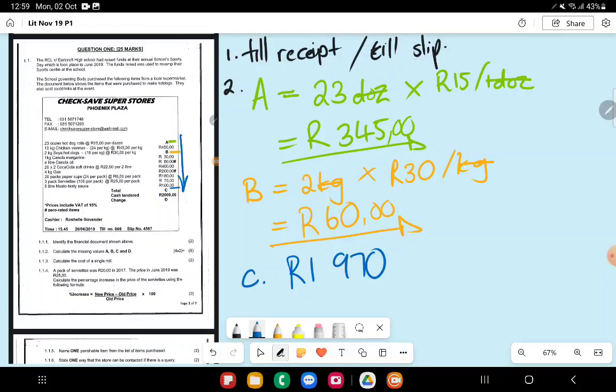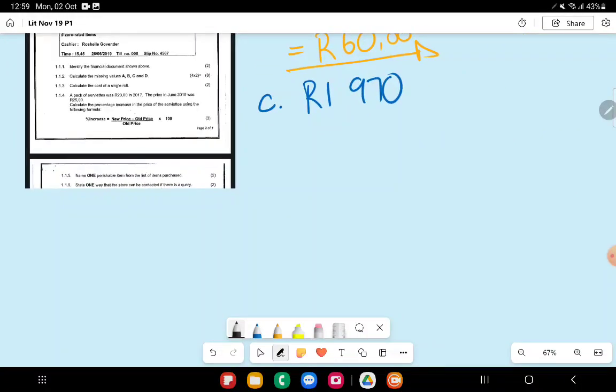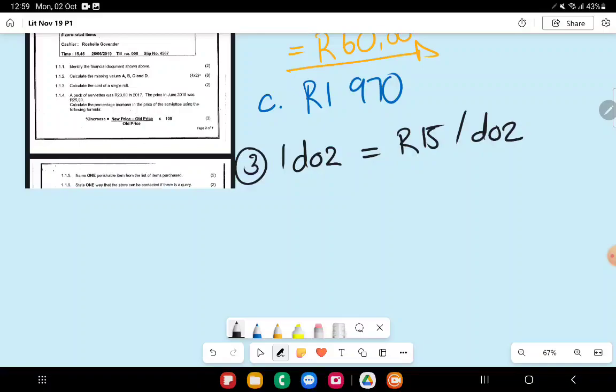Question number 3 says, calculate the cost of one single bread roll. We know that 23 dozen were bought at 15 Rand per dozen. So 1 dozen is equal to 15 Rand per dozen. 1 dozen is the same as 12 rolls, which is 15 Rand per 12 rolls.